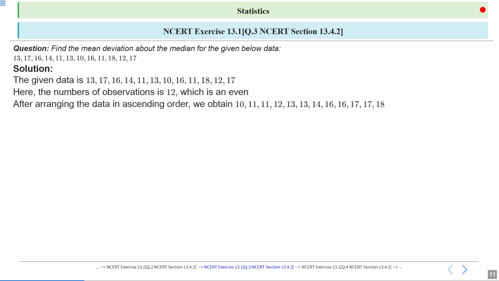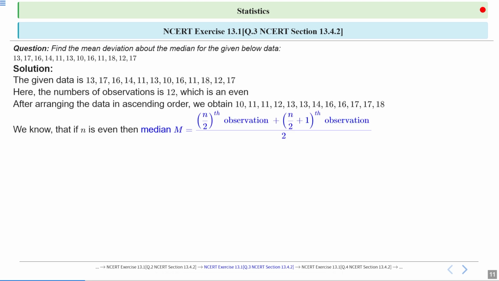Now, let's arrange the data in ascending order. This means we list the numbers from smallest to largest. So the rearranged order will be 10, 11, 11, 12, 13, 13, 14, 16, 16, 17, 17, 18.